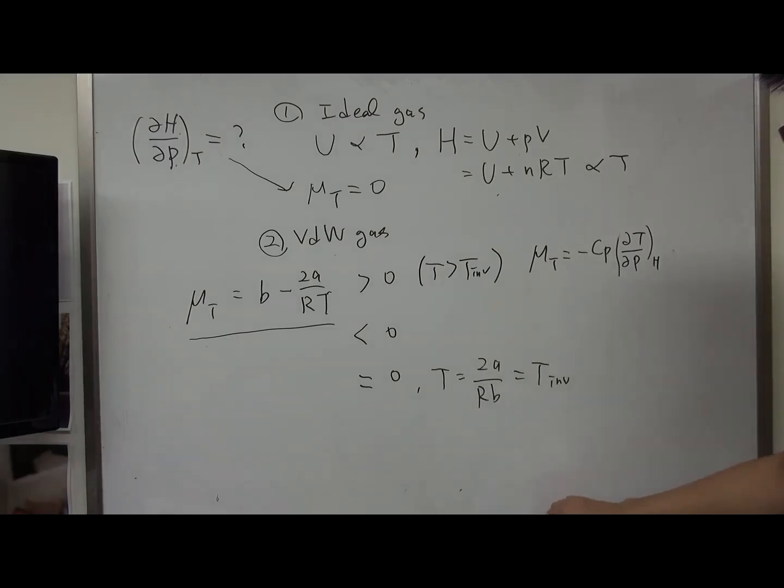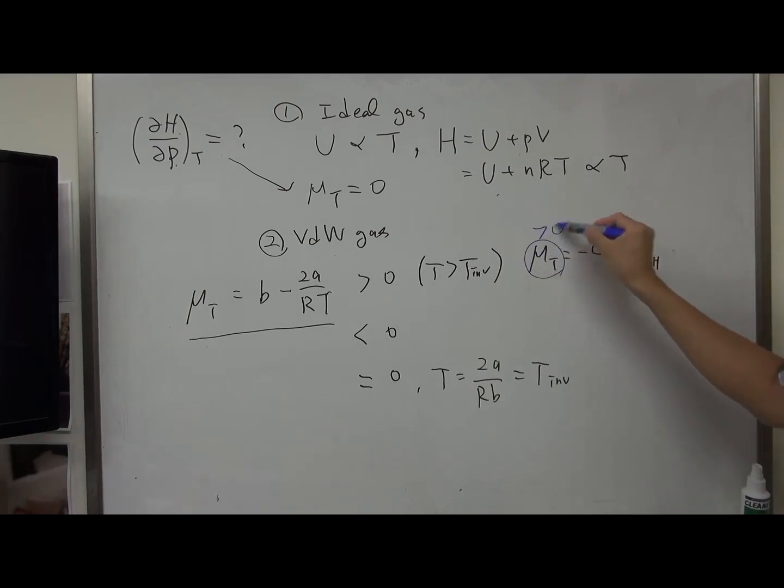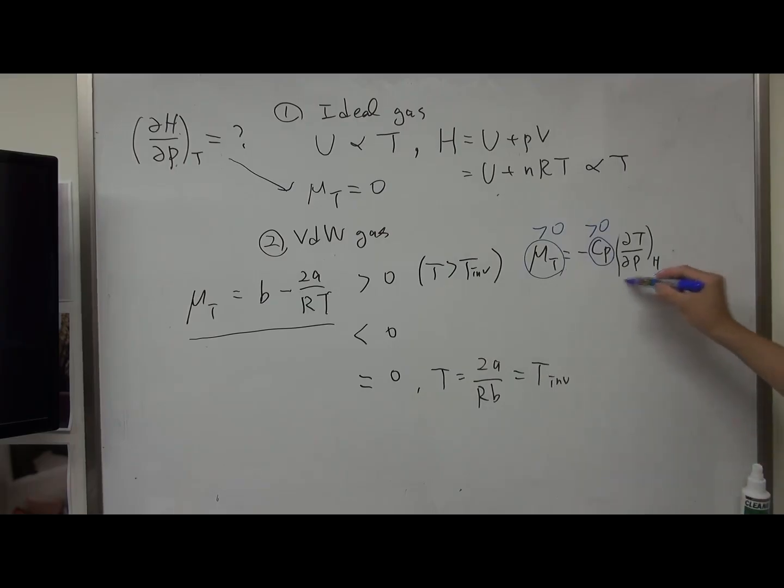So in this case, this one is positive. Cp is positive, which means that this part is negative, right? Because we have a minus sign here. So, since during this Joule-Thomson expansion, pressure decreases, right? P1 is larger than P2. This one is decreased, which means that temperature increases.